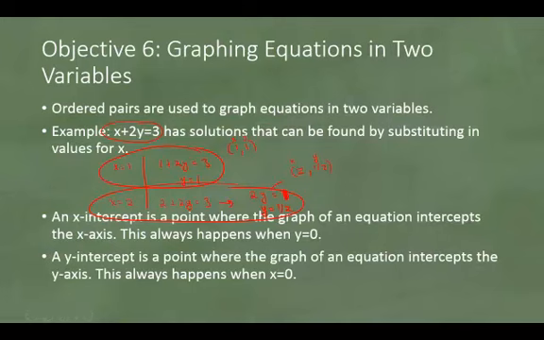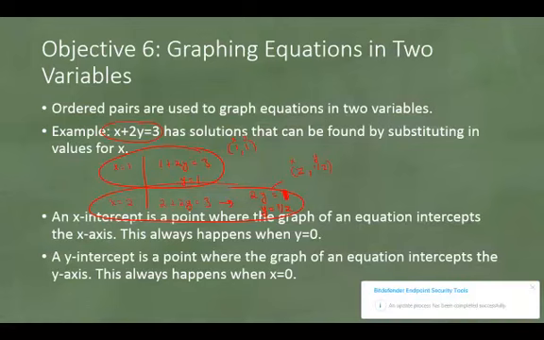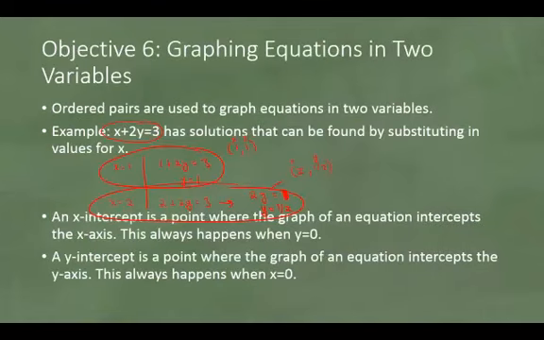An intercept is a point where the graph of an equation intercepts an axis. An x-intercept is where it intercepts the x-axis, and this always happens when y is equal to 0. So in our equation, to find an x-intercept, all we have to do is set y equal to 0.